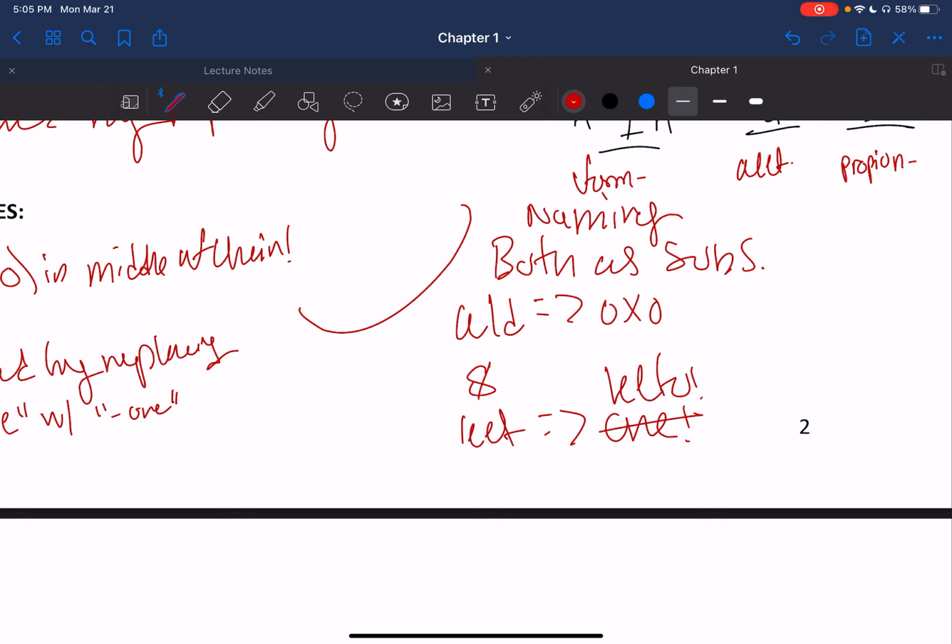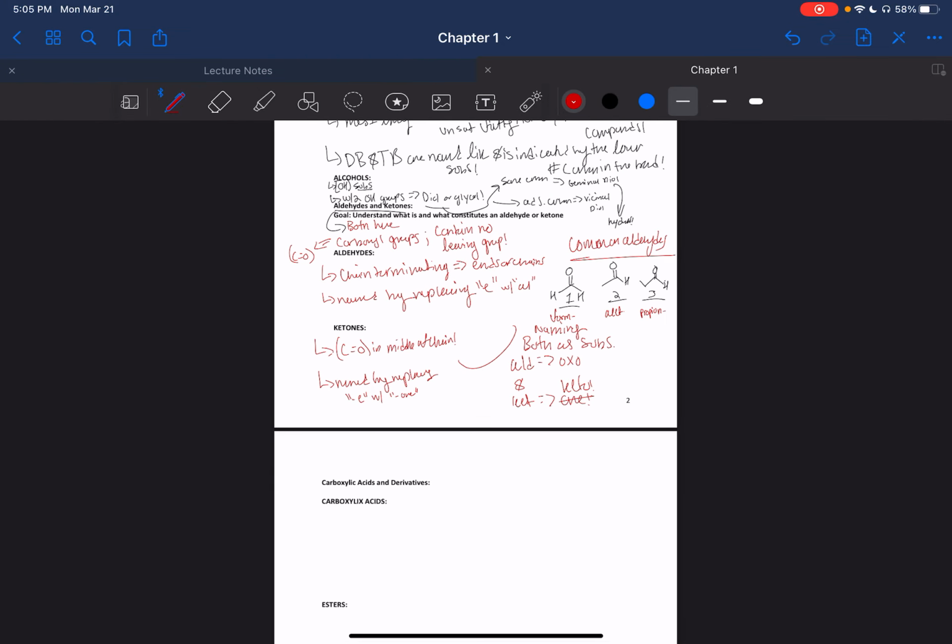The one ending had to do with the ending. Then we can talk about position relative to the carbonyl.